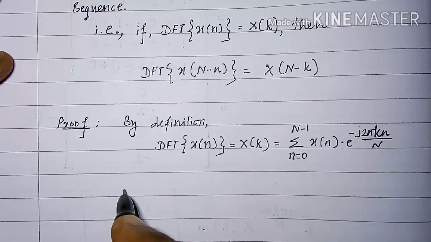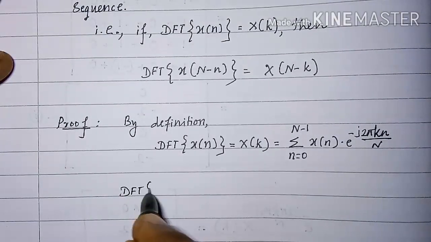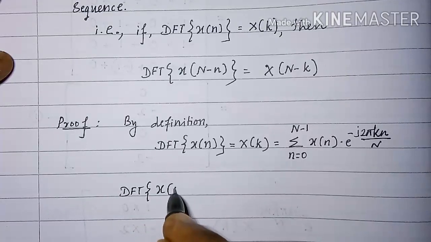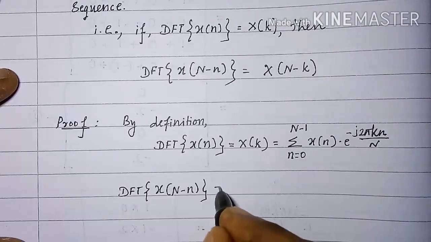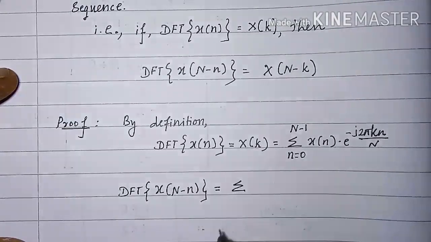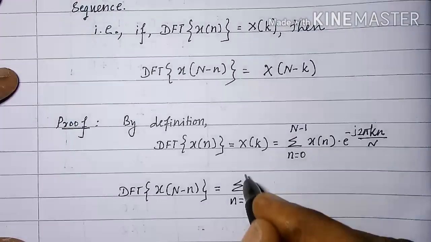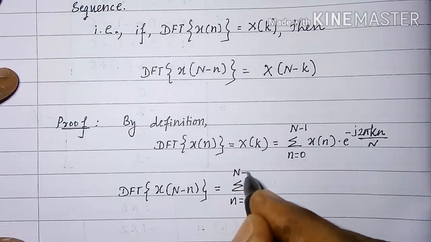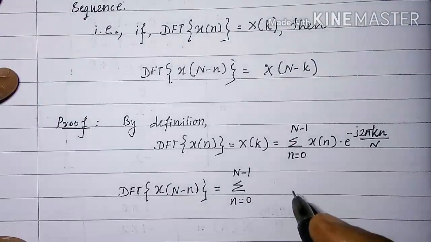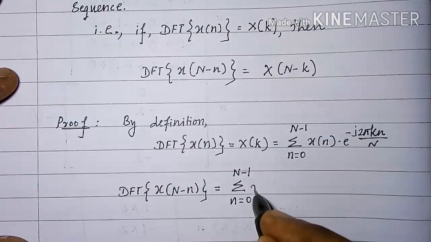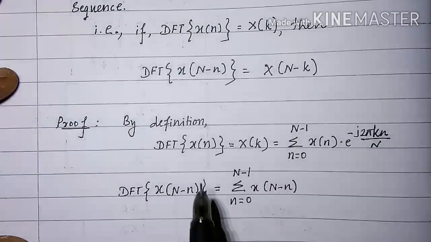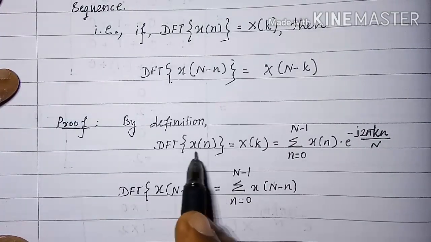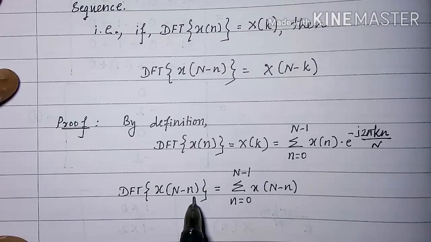By this we can write DFT of x of capital N minus n as summation from n equal to 0 to capital N minus 1 of x of capital N minus n, because in place of x of n we are having x of N minus n here.